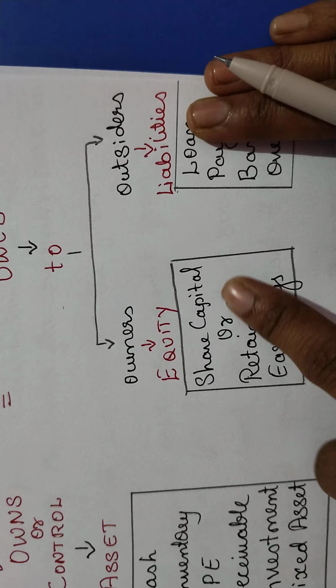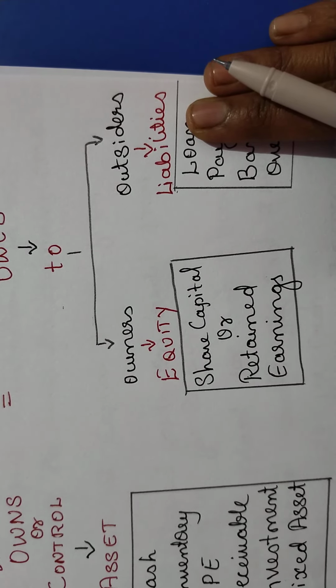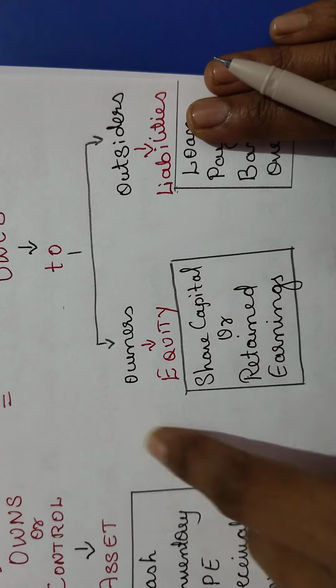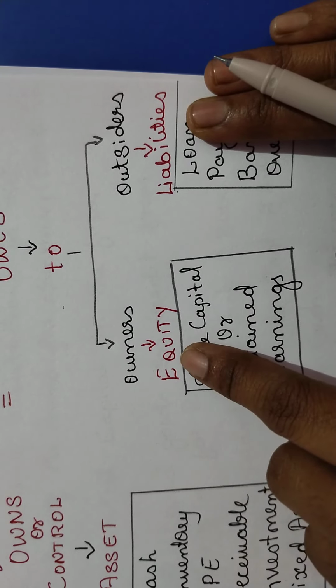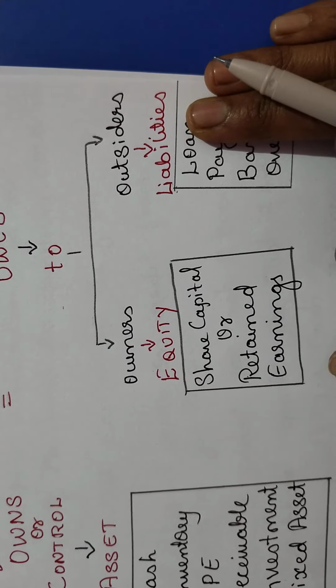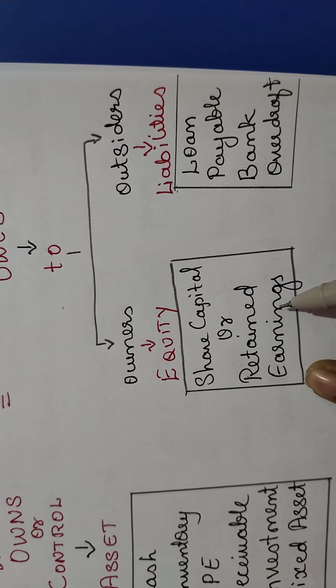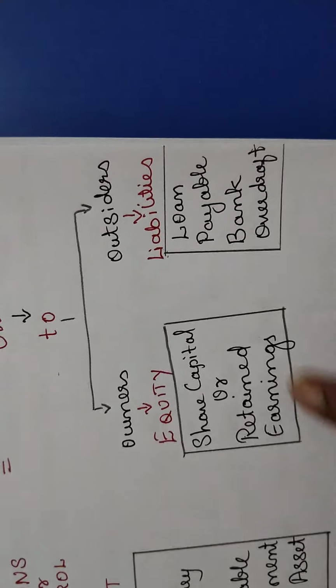Under share capital we also have different types: preference share capital and equity share capital. That's why here we have mentioned equity, they are the real owners of the company. Or retained earnings. So you have not declared a dividend, you plug it back into the business. Whatever profit you have generated and retained in the business is called your retained earnings.